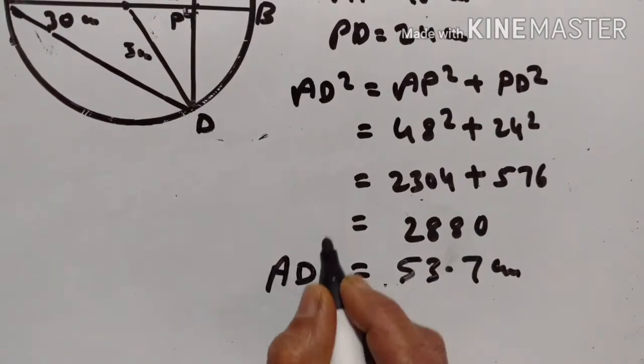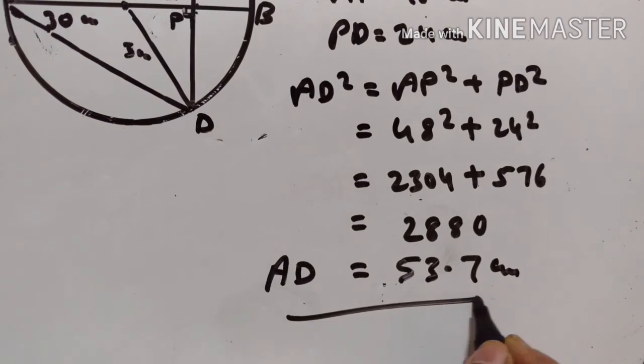So AD, taking the square root on both sides, we get AD is equal to 53.7 centimeter.